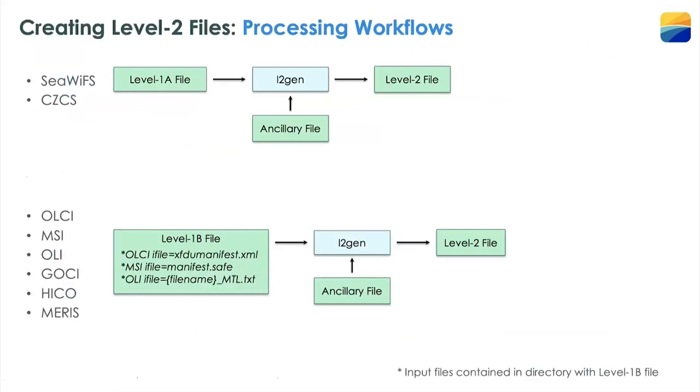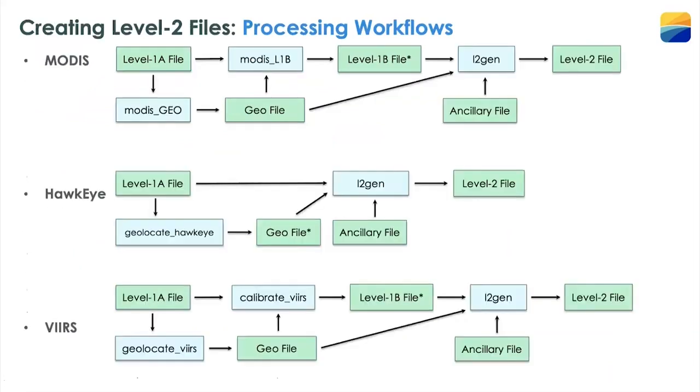So that's a very simple workflow, whereas VIIRS would be a little more complicated, where you have to take the level 1 file, geolocate it to make a geolocated file, then take those 2 files and calibrate them to make a level 1B file, and that serves as the input to level 2 gen along with the geo file.